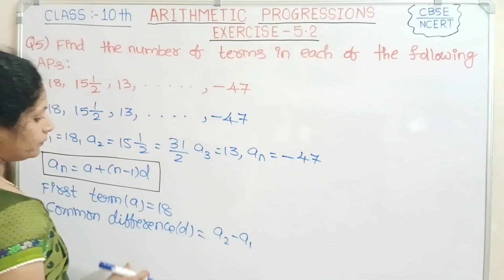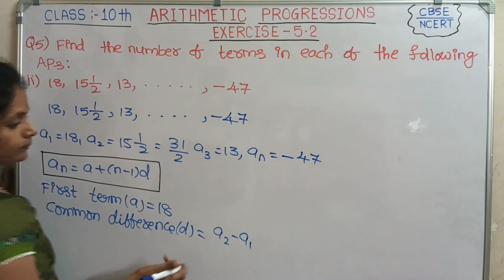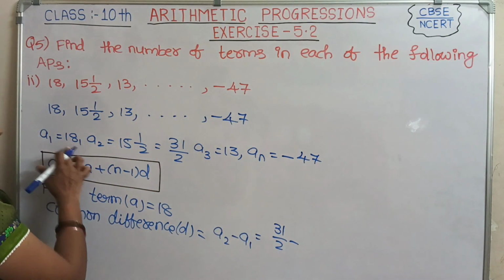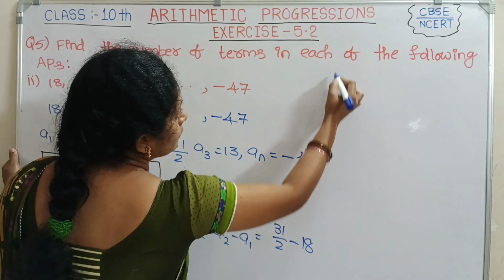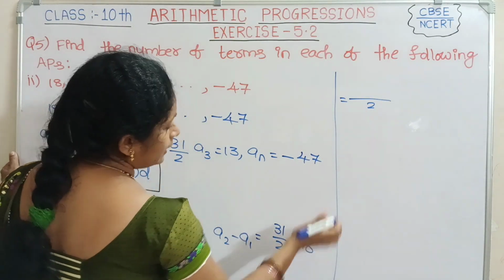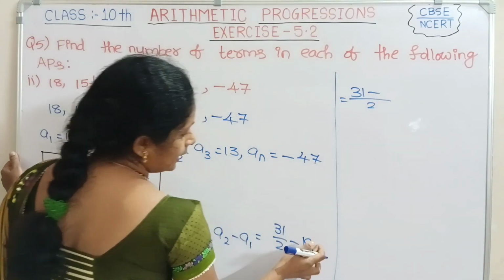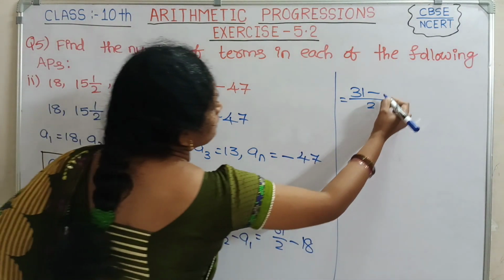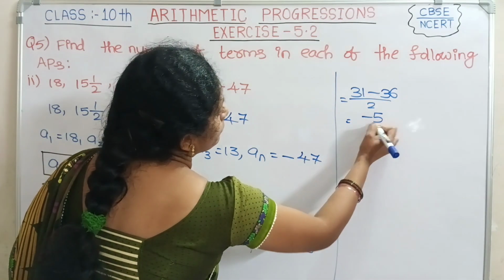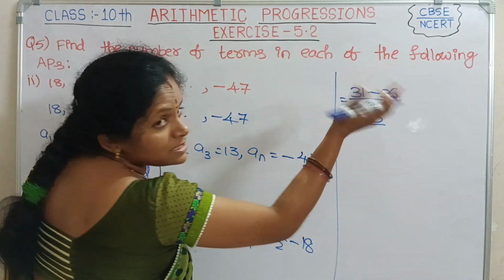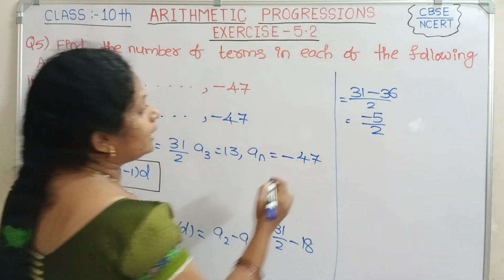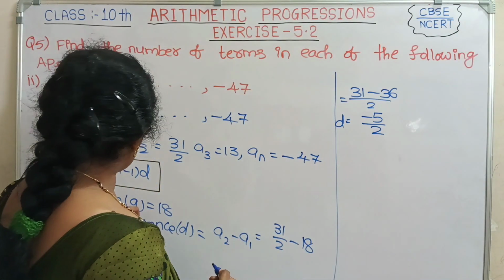What is a2 here? a2 is 31 by 2 minus a1 is 18. 2 is the LCM. 31 minus 18 into 2 is 36. 31 minus 36 is minus 5 by 2. 31 minus 36 divided by 2, so that's why we get minus 5 by 2. So d is equal to minus 5 by 2 and a is equal to 18.